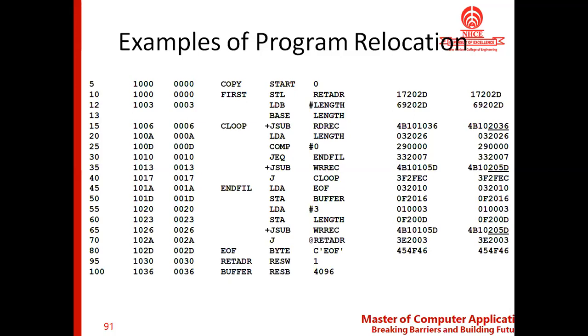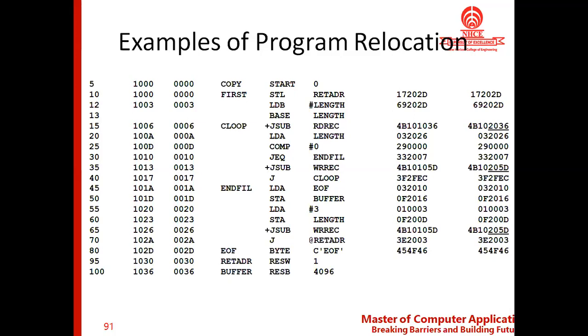If you look at the last column, the second column gives you the object code based on the starting address 0. Okay, so you'll be getting the object code based on the starting address 0. And from 0, the starting address is changed into 1,000.